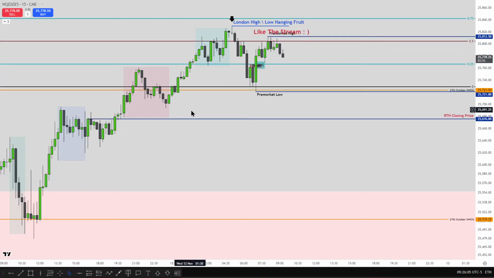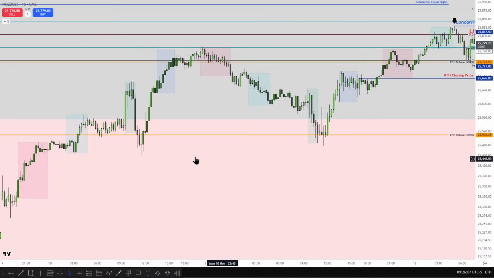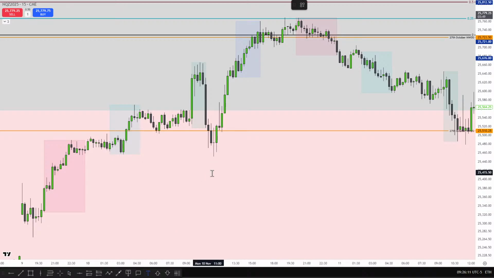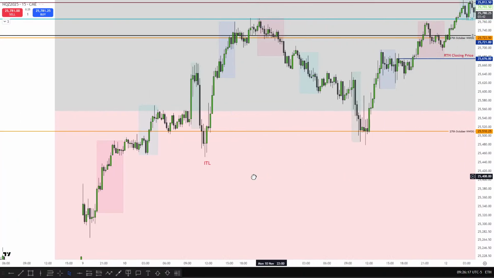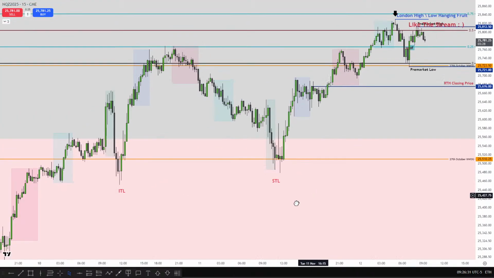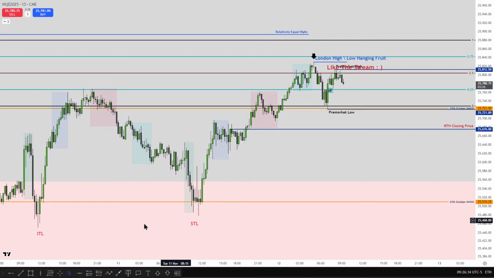That intermediate term low, if we go into the 15-minute chart, I believe it's an intermediate term low, and this is a higher low next to it. So we'll call that a short-term low. That's what you want to see if you're bullish, and you don't want to see these taken out.